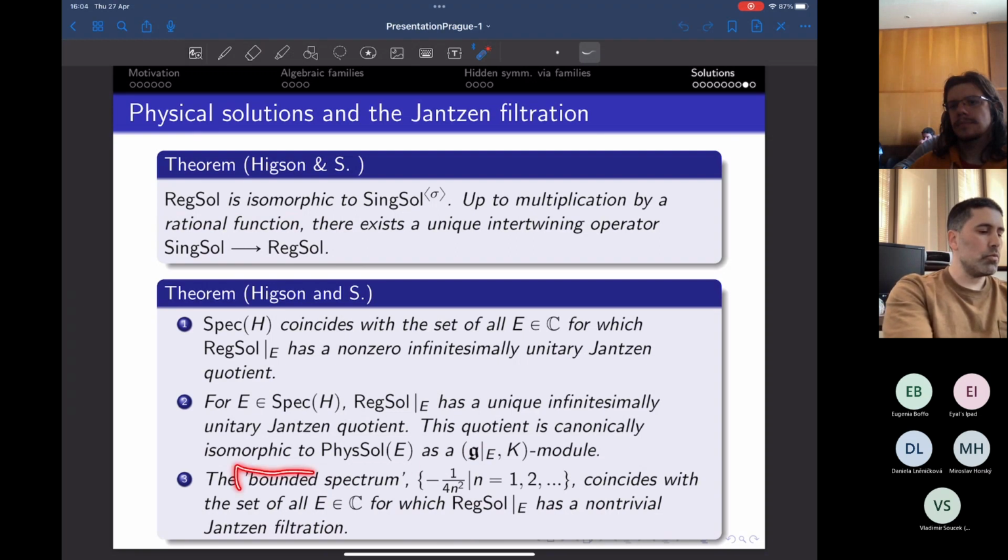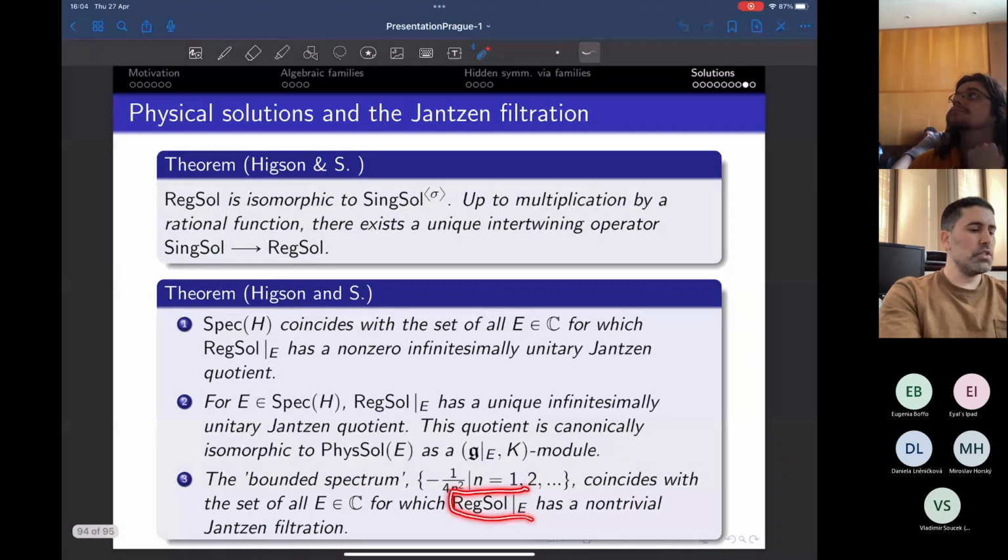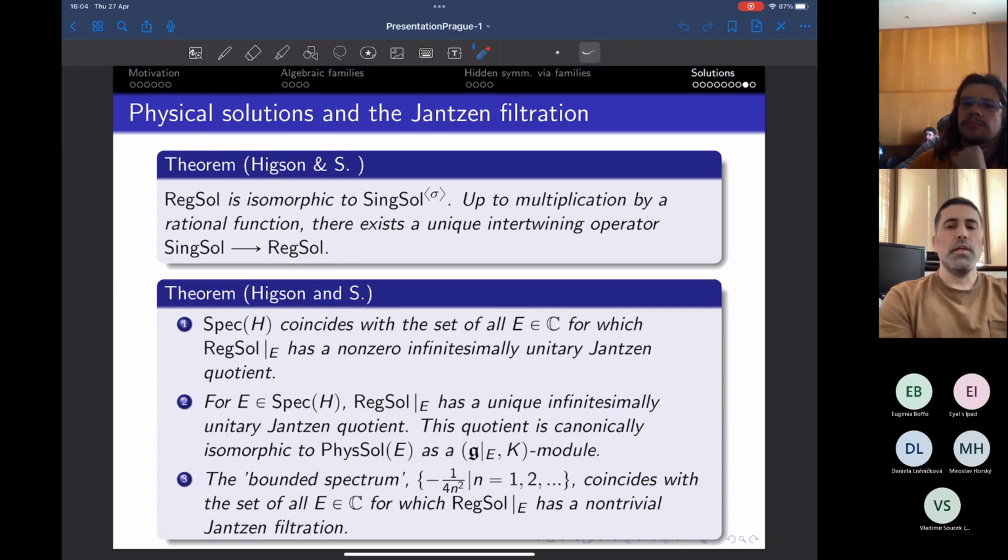So the discrete spectrum coincides with all those points in the base, all complex numbers, for which the fiber above E has a non-trivial Jantzen filtration. Namely, the filtration has more than just the two pieces, zero and everything. There are some pieces in between.